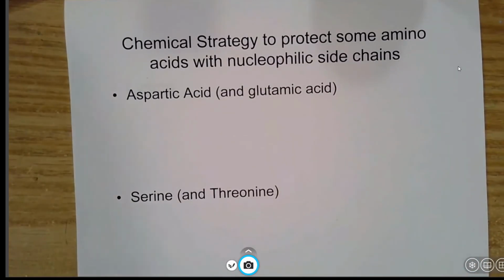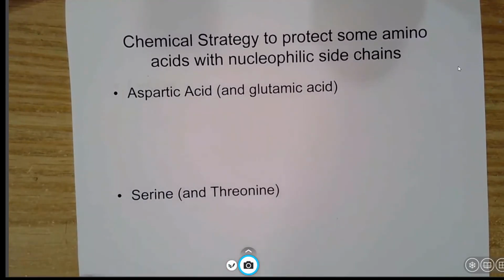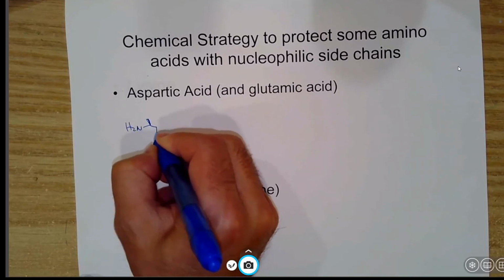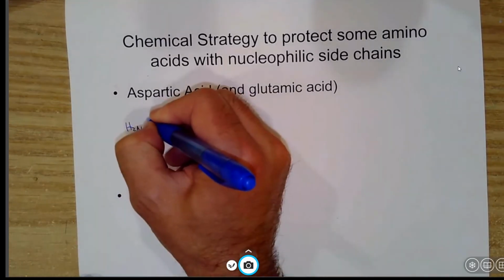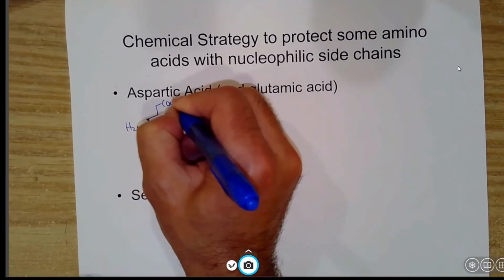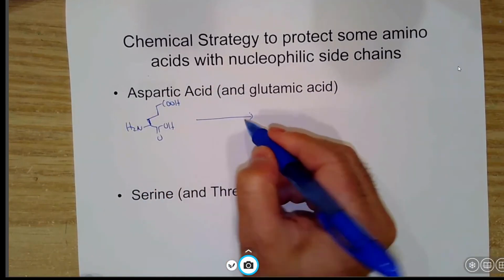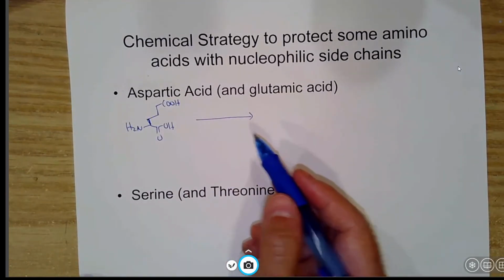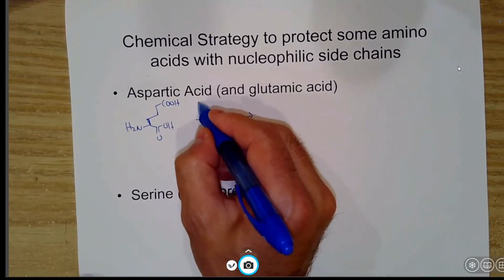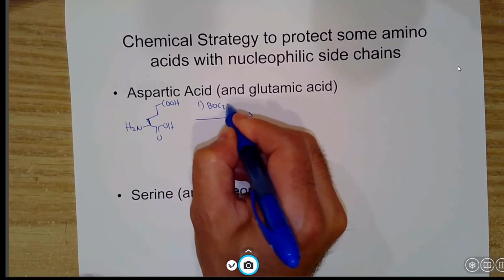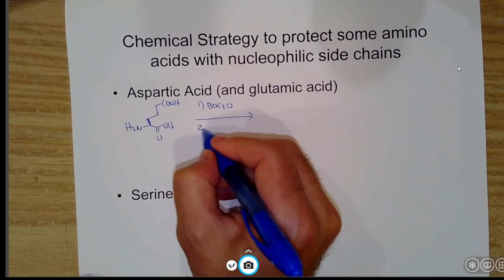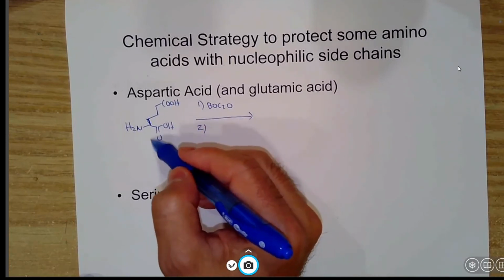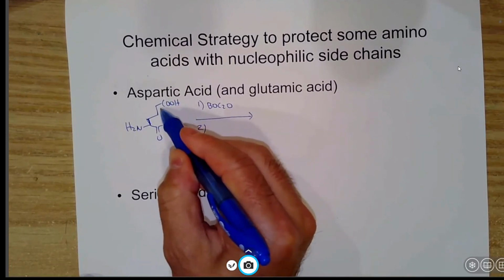Here are just some other amino acids that have other protecting groups on them, or other functional groups, that we need to keep in mind. This is aspartic acid. If you want to use this for amide bond coupling, you need to protect the amine with Boc anhydride. But you also need to protect the side chain carboxylic acid, right? This is your desired carboxylic acid. This is the undesired one.